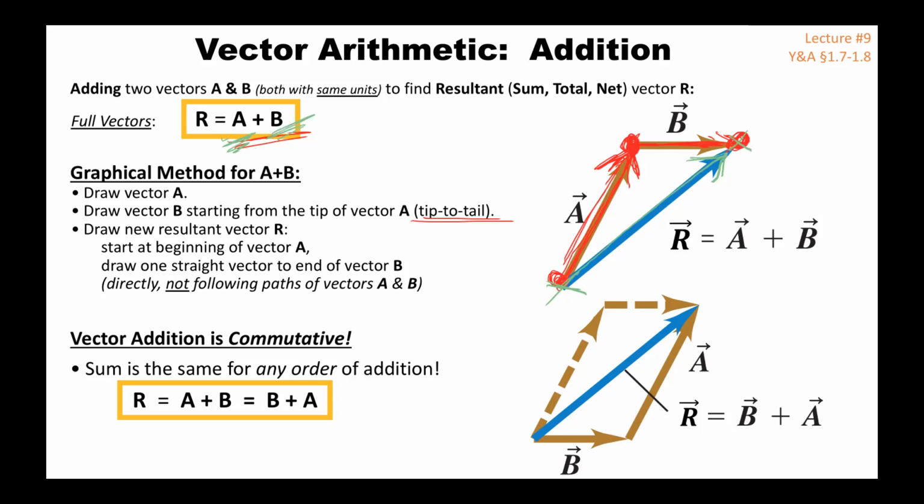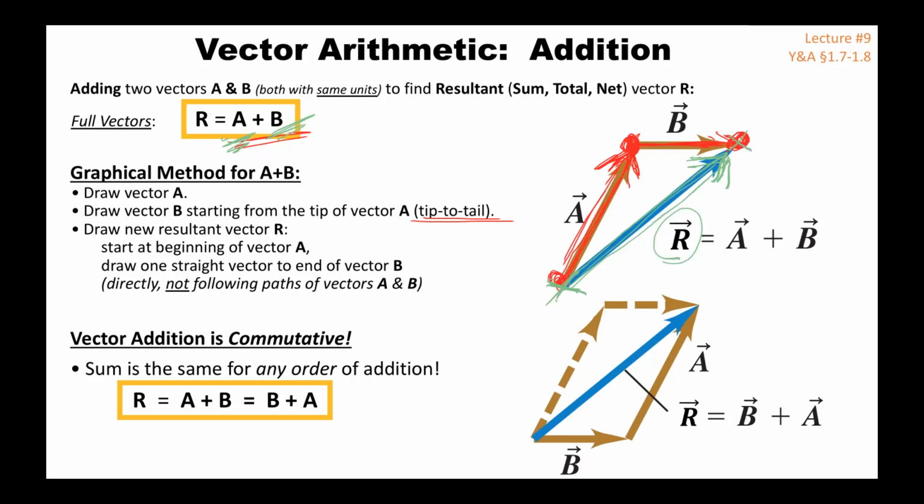This could be at the end of adding 2 vectors or the end of adding 50 vectors. What would be the shortest path in space to go from the start of the first vector to the end of the last vector? That is what we're going to call our sum or total or net or resultant.